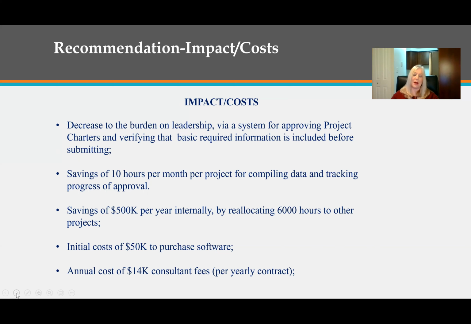We will save about $500,000 per year internally by reallocating 6,000 hours to other projects. The cost for the initial implementation will be about $50,000, and support for the Oracle Primavera Unifier will have a recurring cost of $14,000 each year for a consultant subject to a yearly contract.